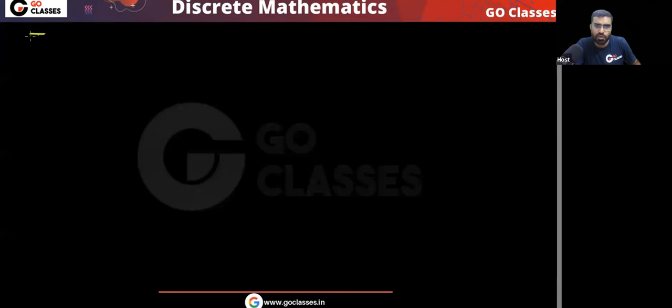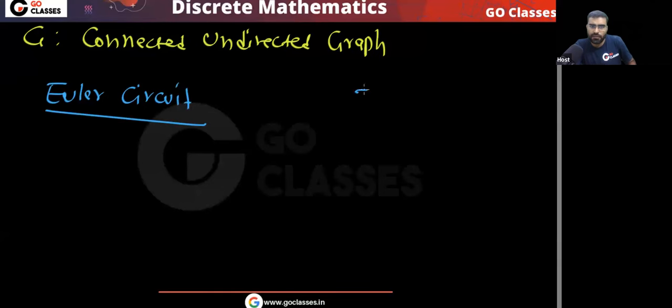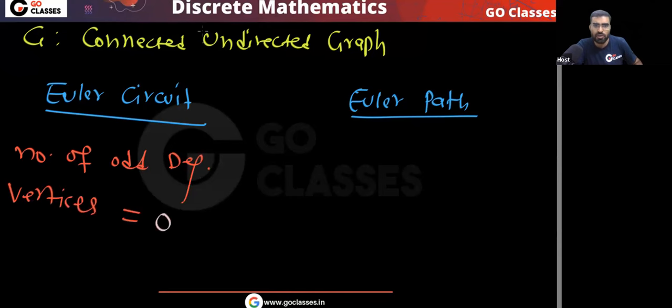See, for Euler circuit, what number of vertices do you need? Let's assume G is a connected undirected graph. If you want Euler circuit, the number of odd degree vertices should be equal to 0.